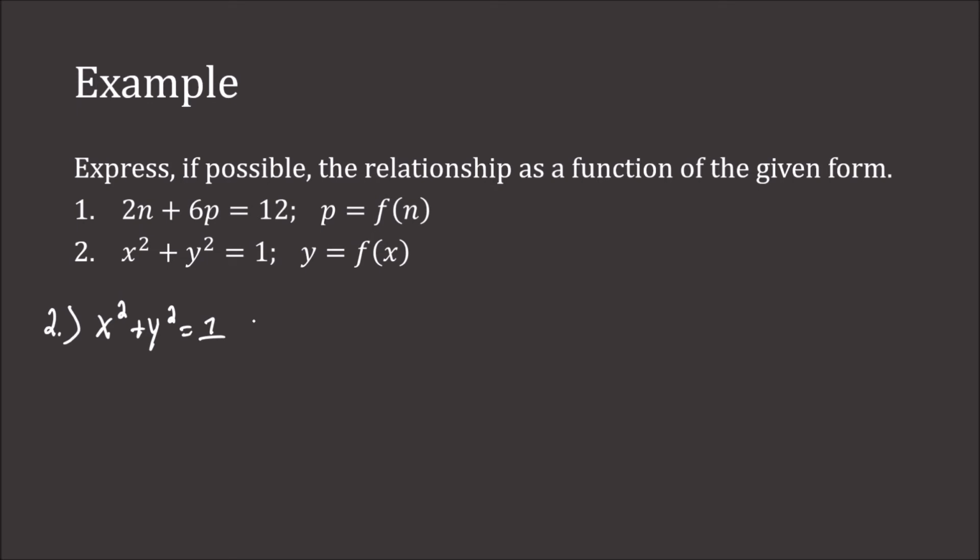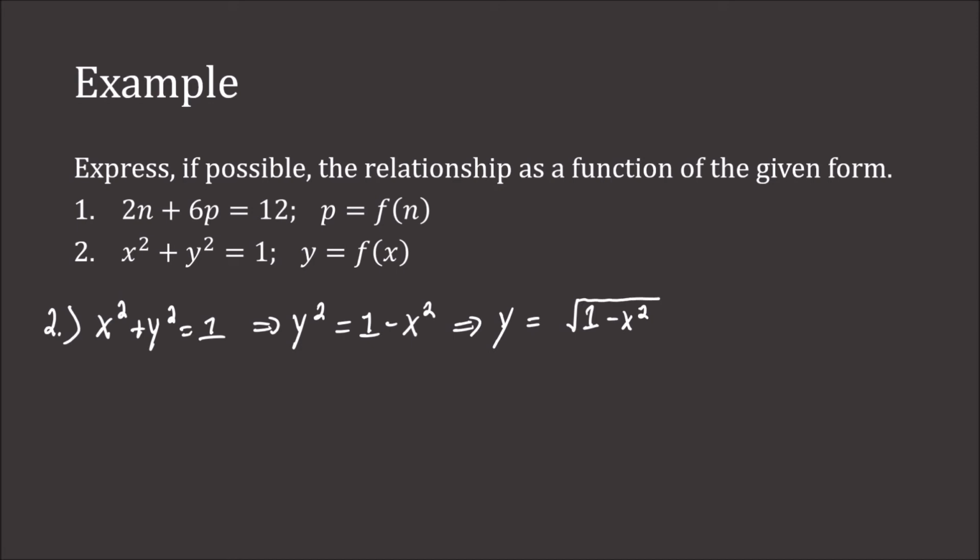Well, the first thing we want is to subtract both sides by x squared, so we'll have y squared is equal to 1 minus x squared. We take the square root of both sides, so y is equal to the square root of 1 minus x squared.